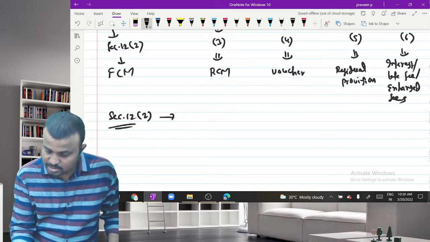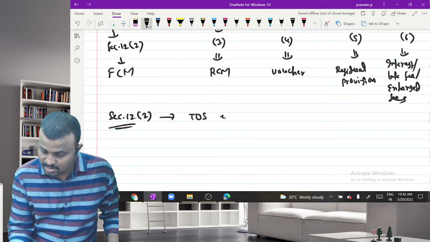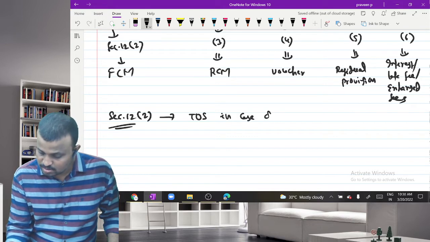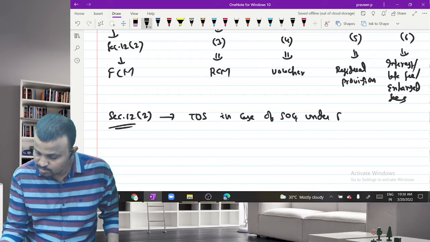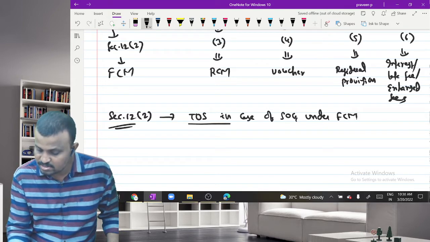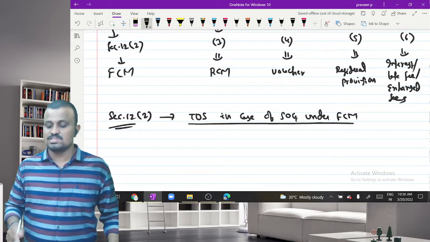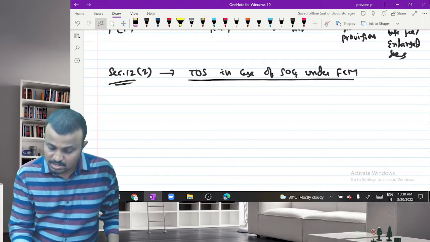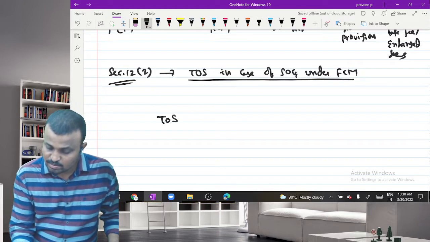So coming to section 12.2, this is relating to time of supply in case of supply of goods and the forward charge mechanism. So here, what is the time of supply, sir?